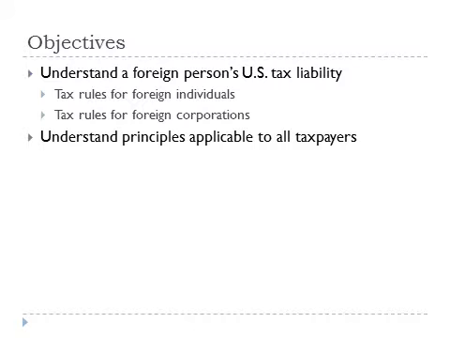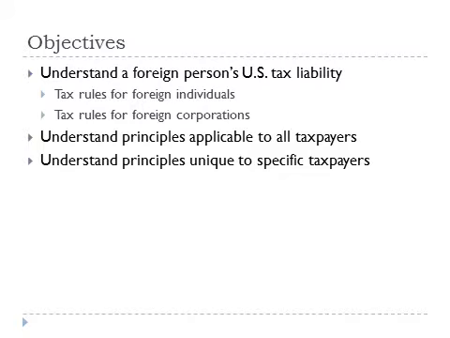In all cases, we will study general principles applicable to all taxpayers, including the identification of U.S. income and the requirements for U.S. withholding of tax on that income. And we will examine issues unique to specific taxpayers, such as determining when a foreign individual is a U.S. resident and the unique relationship between foreign partnerships and their partners.